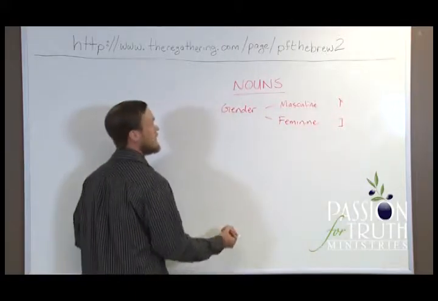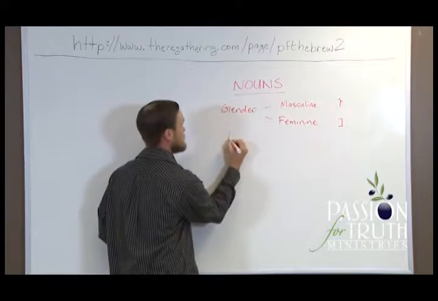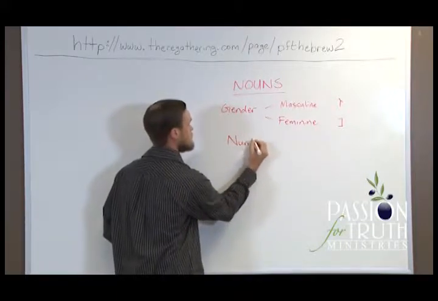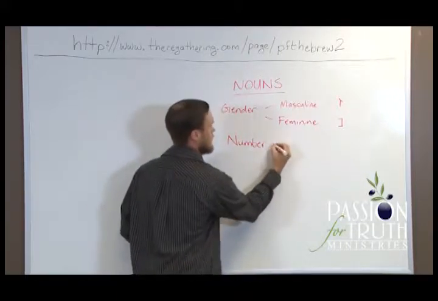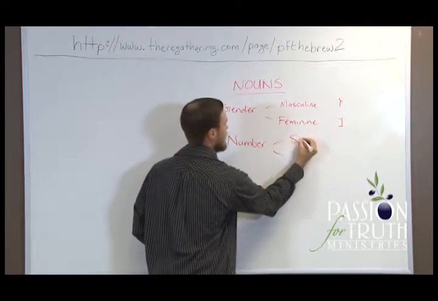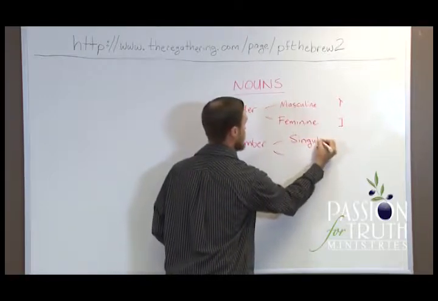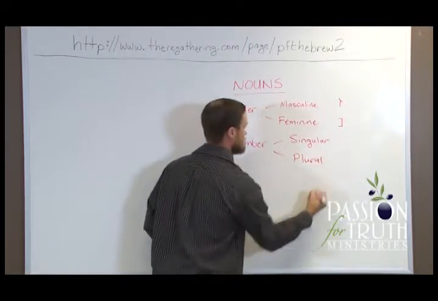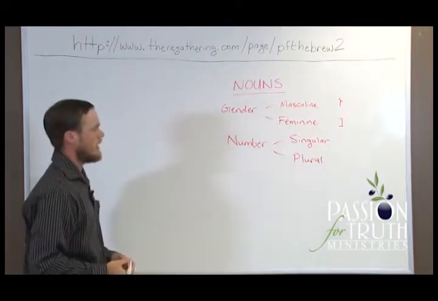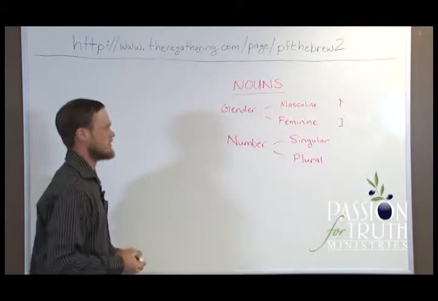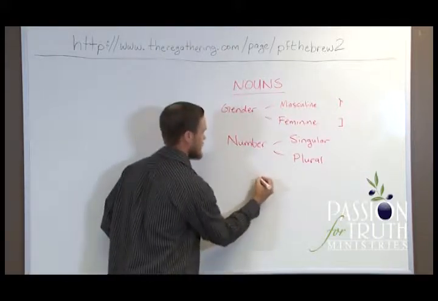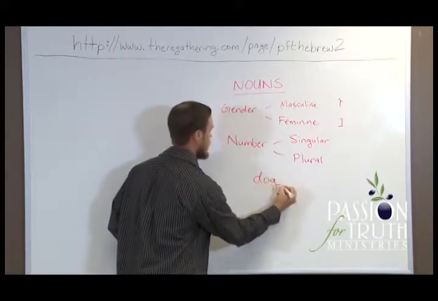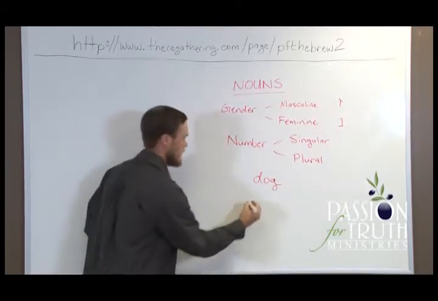All right, and the second property that every noun has is number. Every noun is either singular or it is plural. It's a very simple concept. In English, the noun dog is singular because it represents one dog.